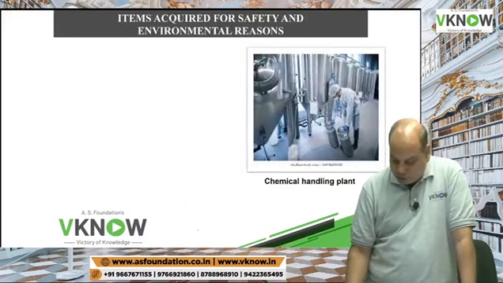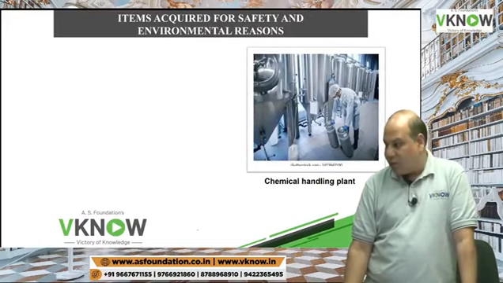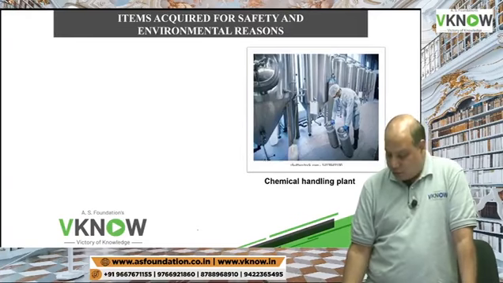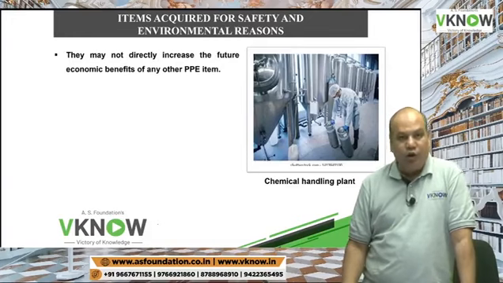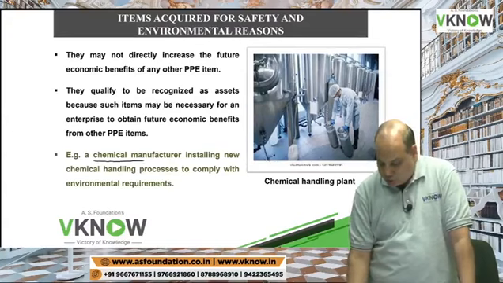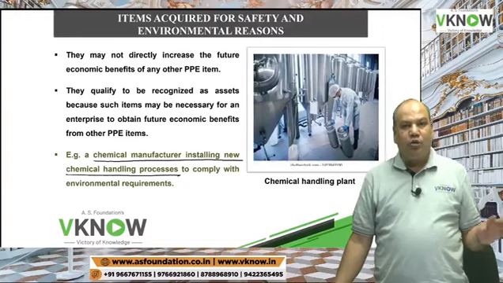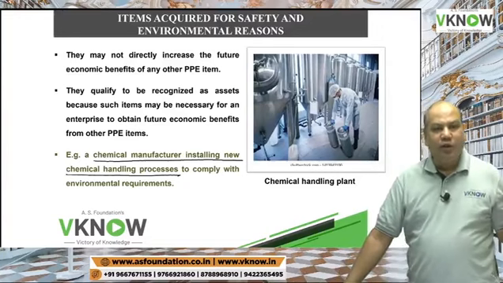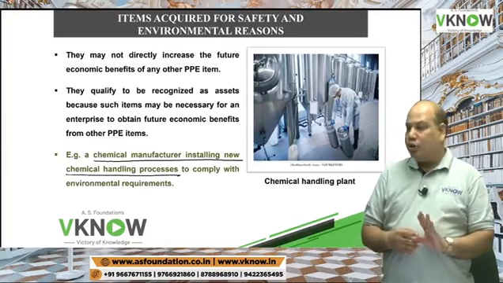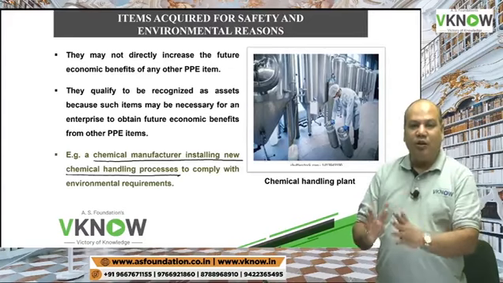But now the question is items acquired for safety and environmental reasons. For example, the law of the country says that if you want to get a license to start a factory, you need to install a pollution control process, a chemical handling process.